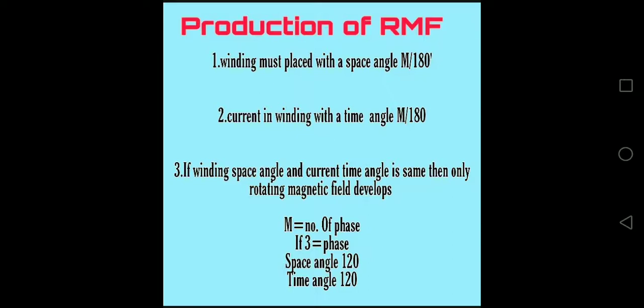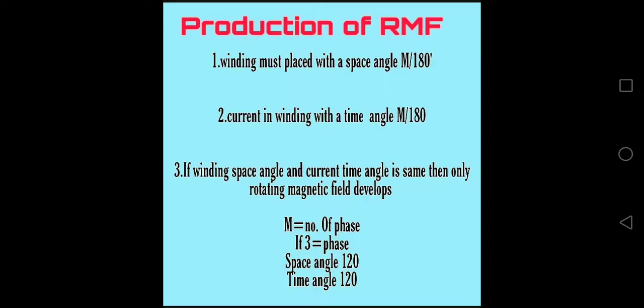Windings must be placed with a space angle of 360 by m degrees. And the second one is the currents in the windings with a time angle of 360 by m. Here 360 is because it is a full cycle.